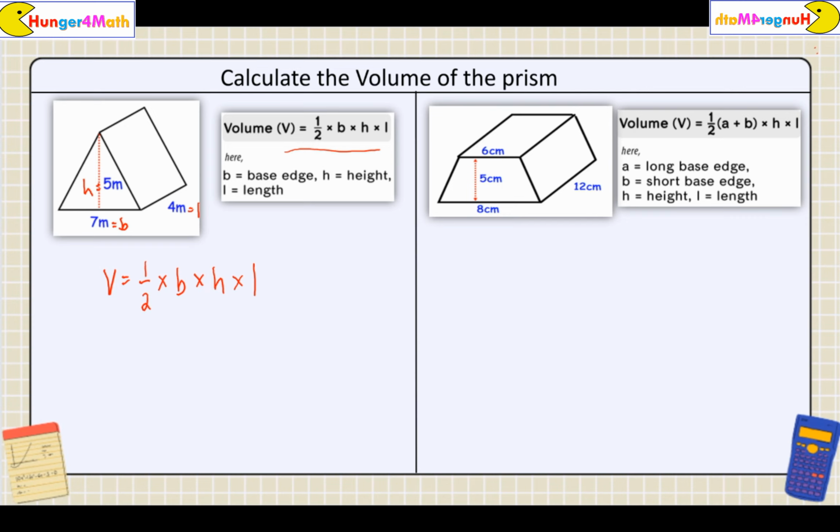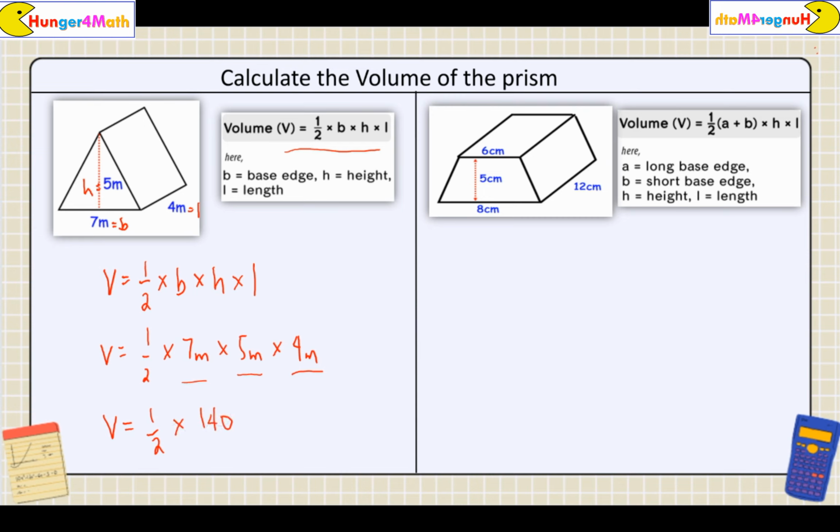Now let's substitute the given. So volume is equal to 1/2 times the base 7 meter times height of 5 meters times the length of 4 meters. Now let's multiply 4 meters times 5 meters times 7 meters. So that will be volume is equal to 1/2 times 140.